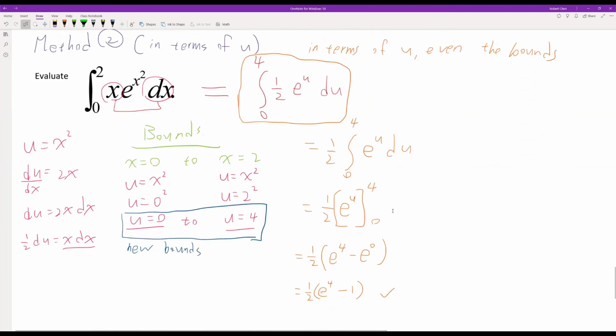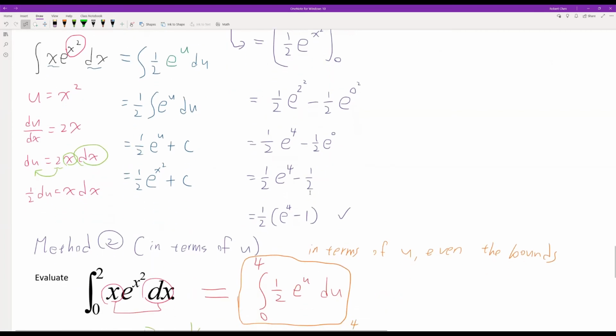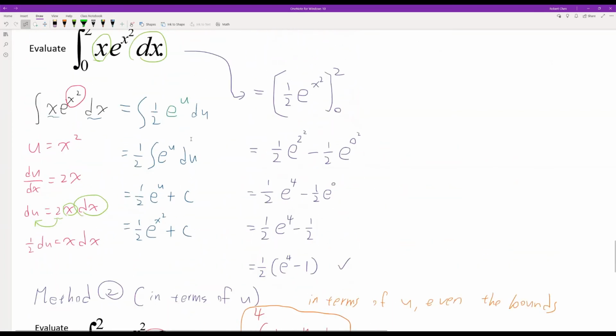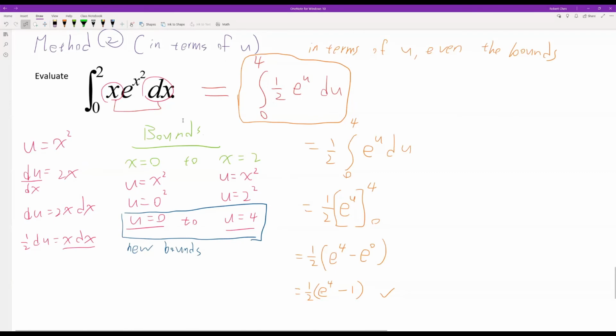Okay, so again, both methods work. It's just your personal preference on which one you like, right? Do you like method 1, working as an indefinite integral and then evaluating the bounds at the end? Or would you like method 2, where you can just work in terms of u and you don't have to worry about going back to x?